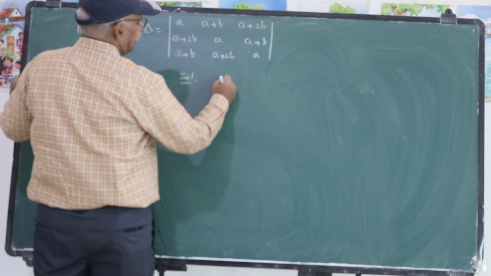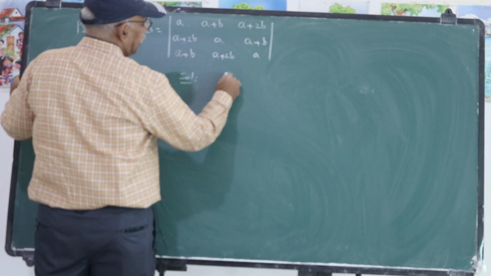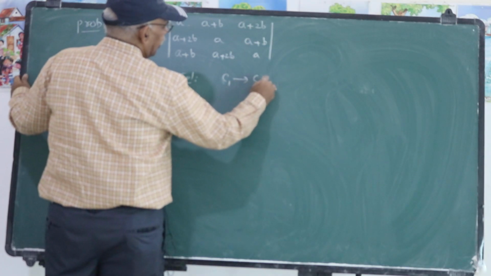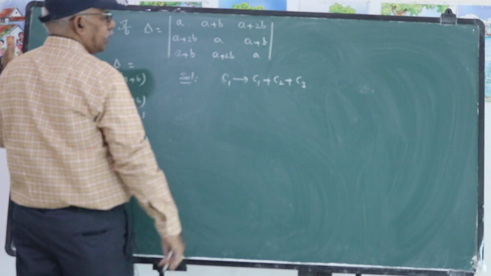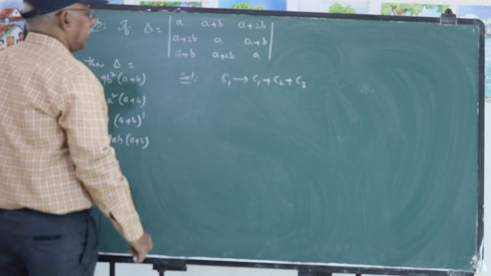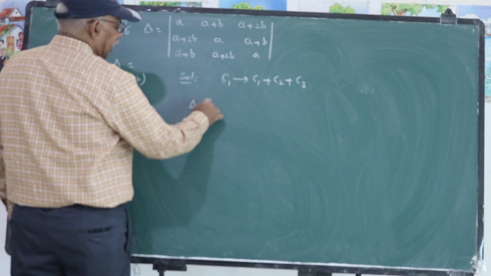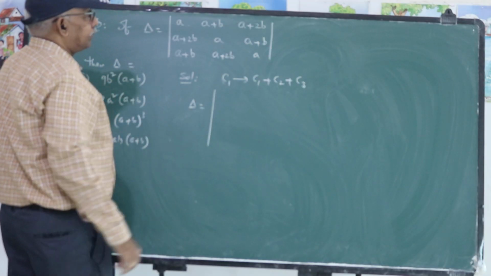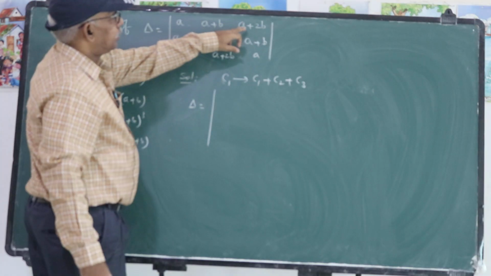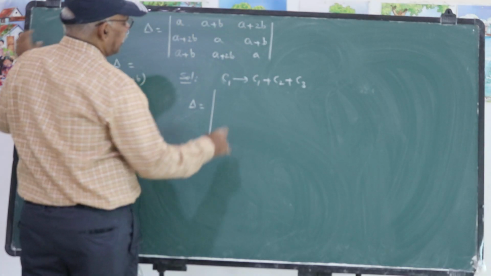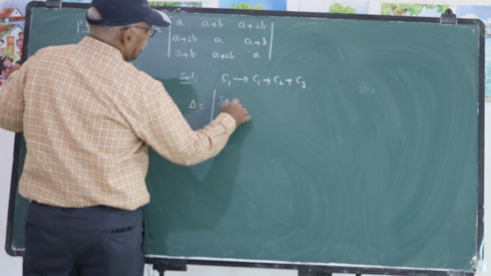That means taking C1 goes to C1 plus C2 plus C3. I am taking column wise transformation. Then delta becomes the determinant of a plus b plus a plus 2b, that means 3a plus 3b.